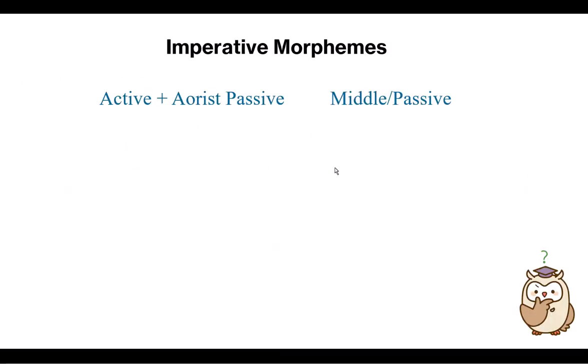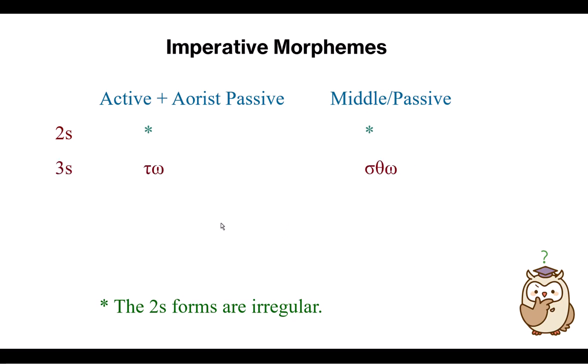So let's look at the imperative morphemes. The second singulars, I'm putting asterisks here because the second singular forms are irregular. The others are very regular, and they're actually quite friendly. For the third singular active and aorist passive, we have to, and then for middle passives, we have stho.